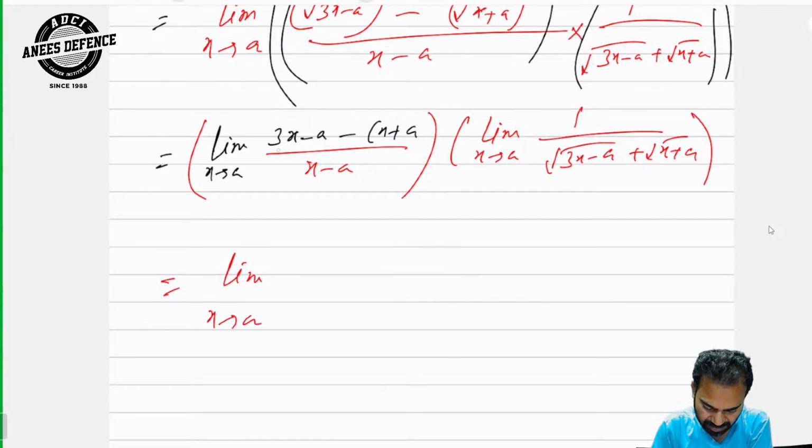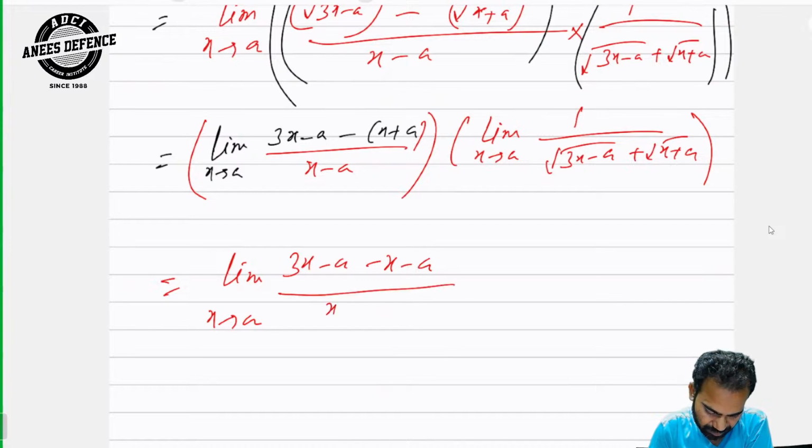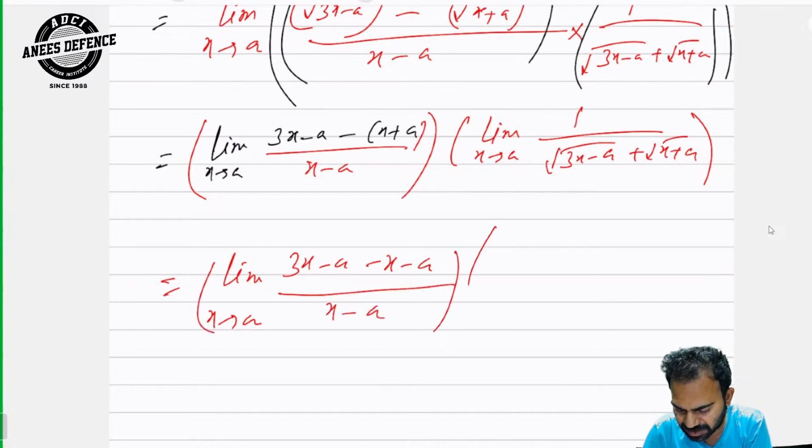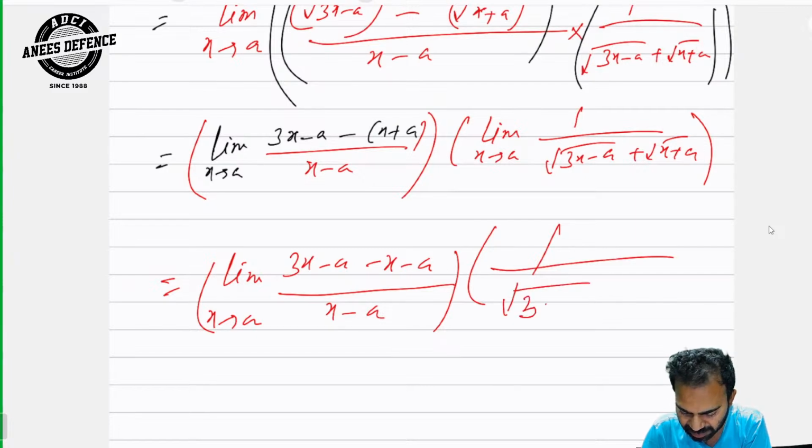x minus x minus, any problem? Now I will directly put this a in the denominator: root 3a minus a plus root 3a plus a. Any problem?